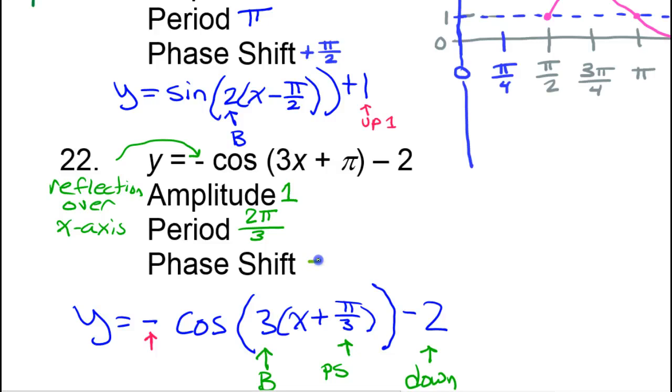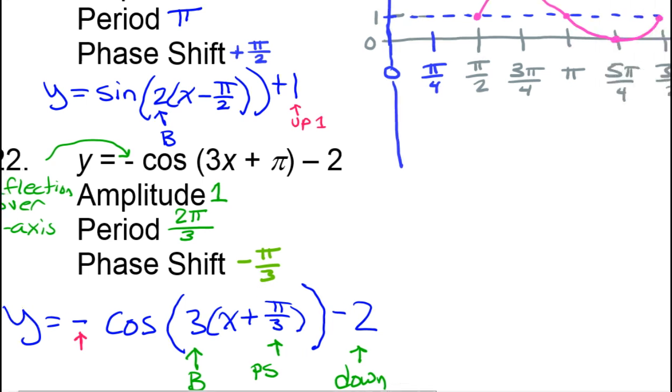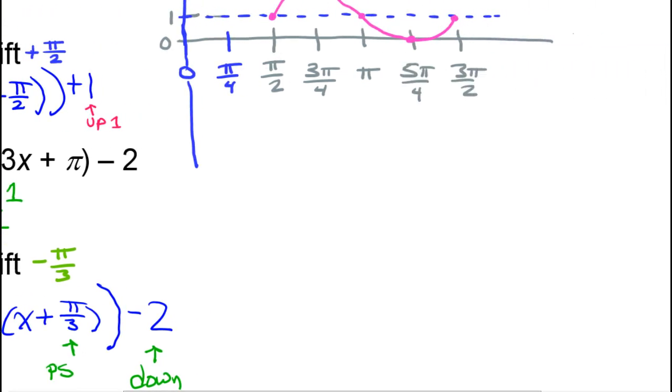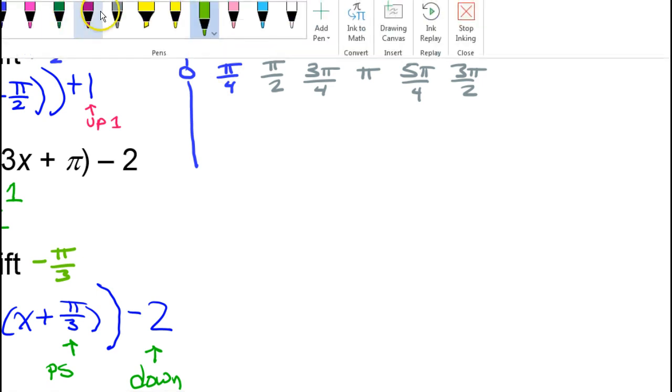So the phase shift will be negative pi over 3. Now, let's use that phase shift to mark off the x-axis. So here's my x-axis.